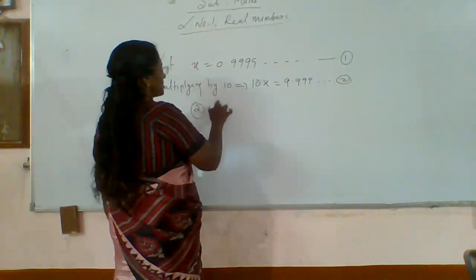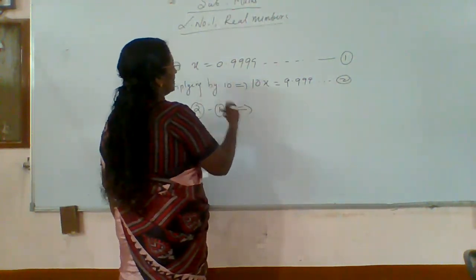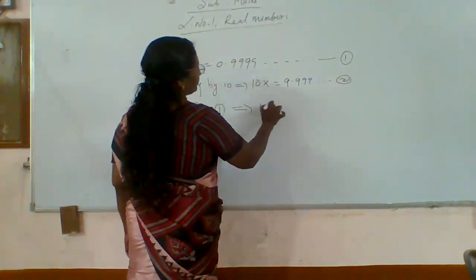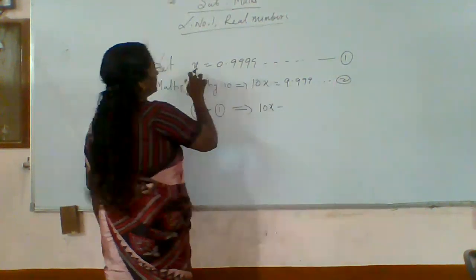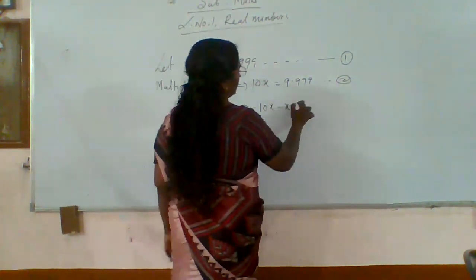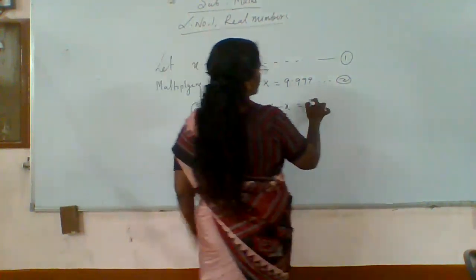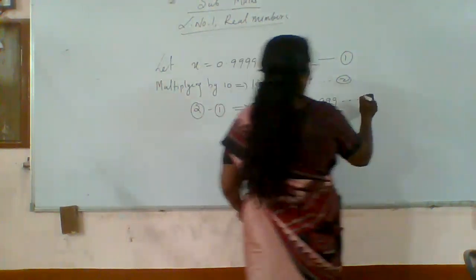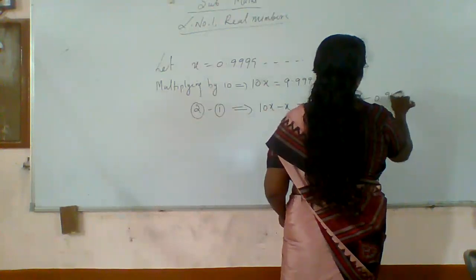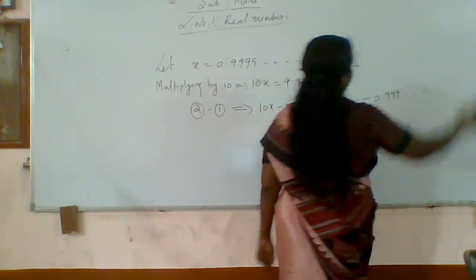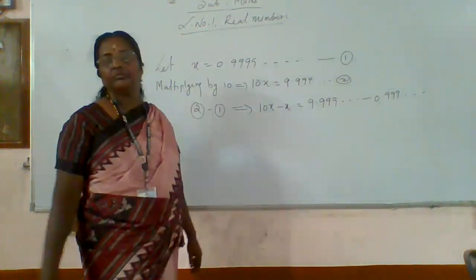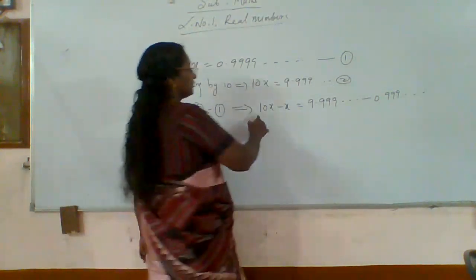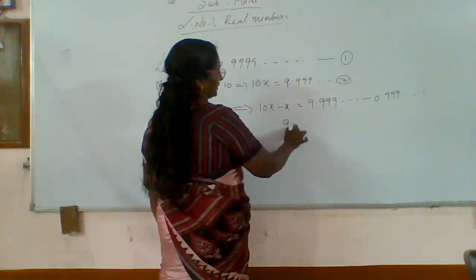Equation number 2 minus equation number 1. Here you see, in equation number 2, the LHS part is 10x, and in equation 1 the LHS part is x, that is equal to 9.999, etc. minus 0.999, etc. Following now? 10x minus x, what will come? 9x.